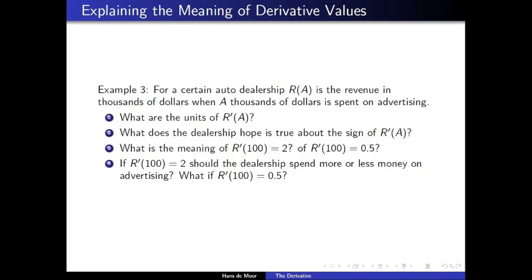So that would imply that for every dollar that he's spent on advertising, he would get 2 in revenue. So in the units there, it would be $2,000 per $1,000 spent on advertising. So when he spends $100,000.